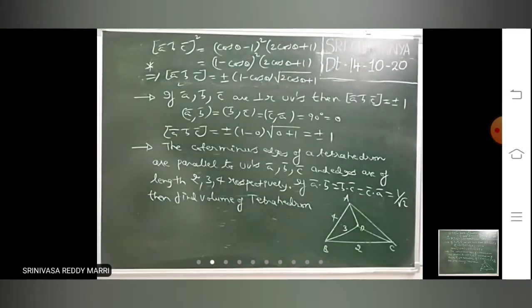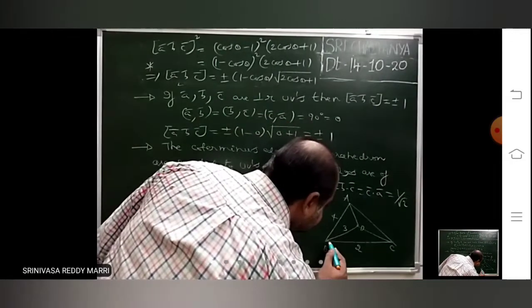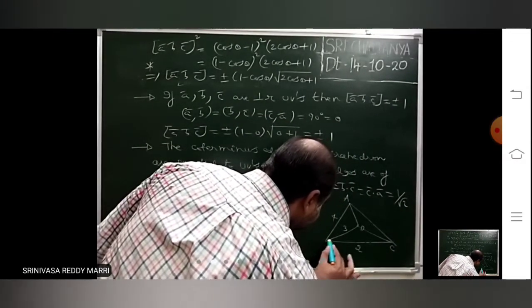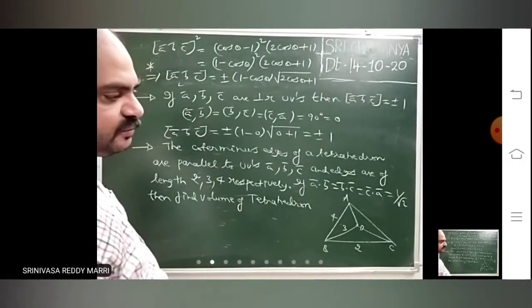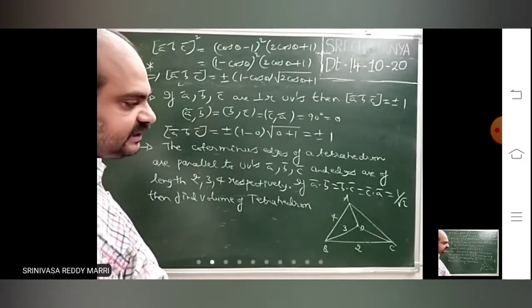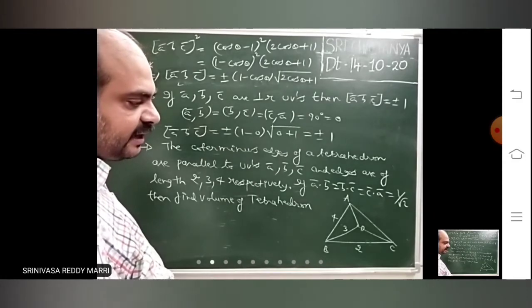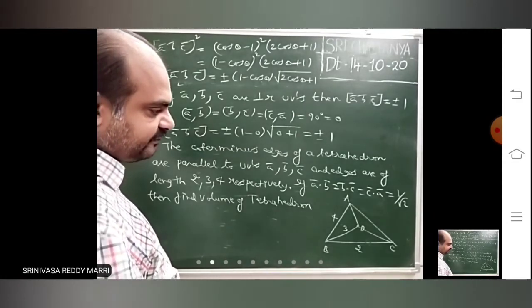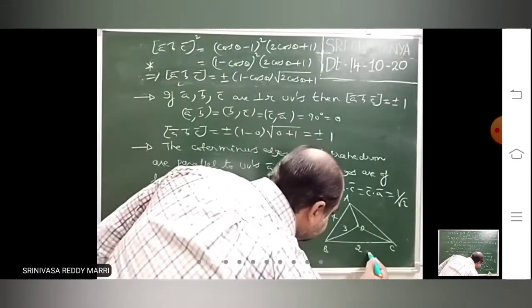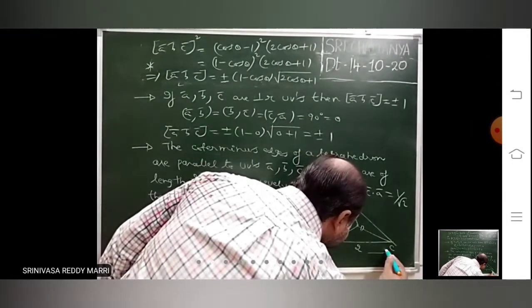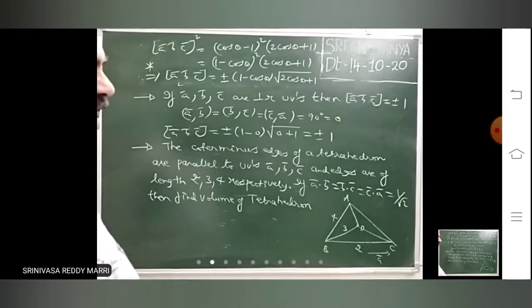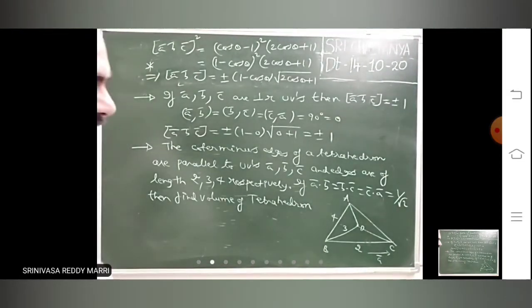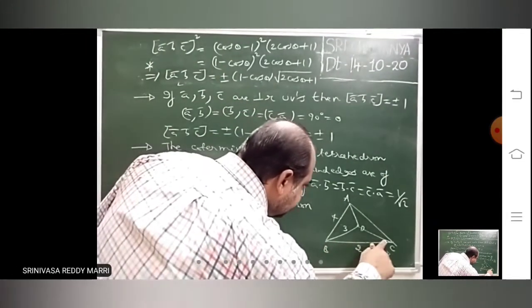What do you need for finding it? The three coterminous edge vectors: BC bar, BD bar, BA bar you must know. Then 1 by 6 into modulus box of these vectors is the formula. Now look, he told that the BC edge is parallel to a unit vector, and BC length is 2.